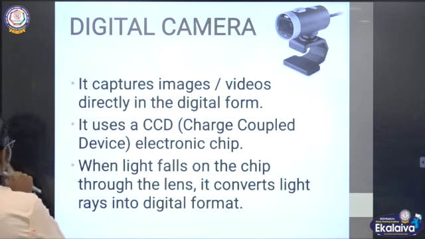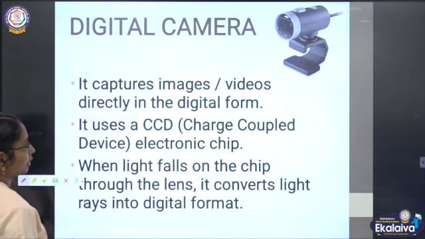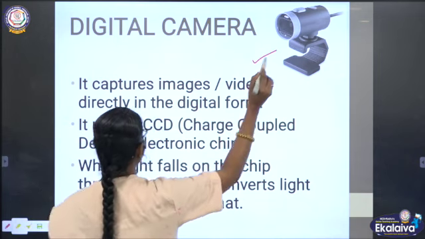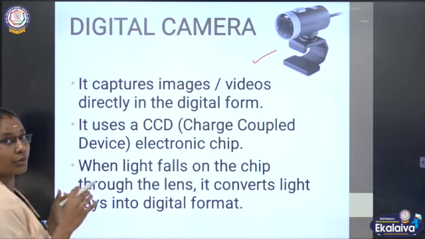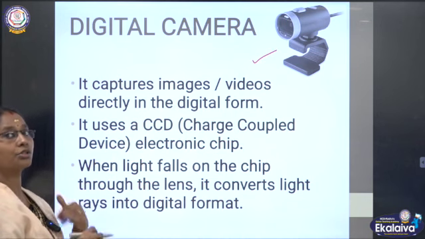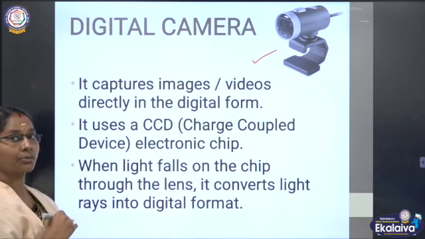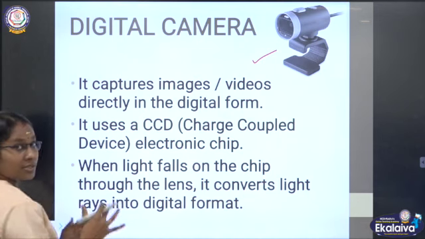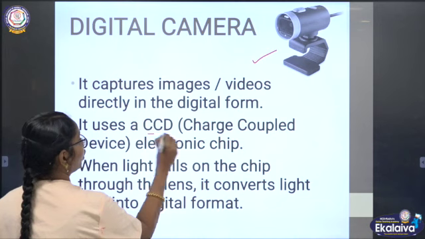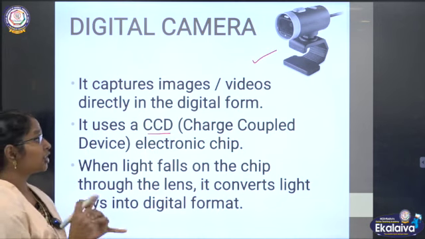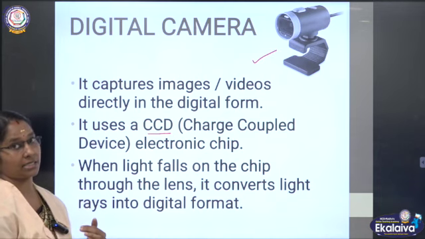Next we are going to see digital camera. You know very well. So this is a picture of a digital camera. What is it going to do? It is also going to capture the image and transmit it to the computer memory. It uses a main thing called CCD. What is CCD? Charge coupled device.